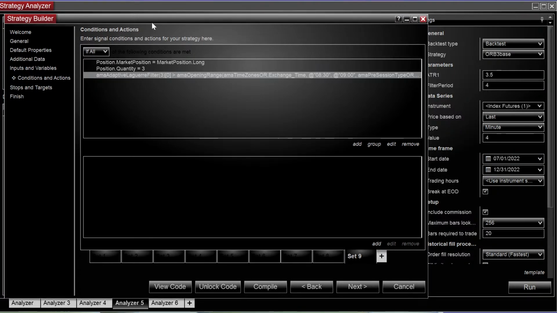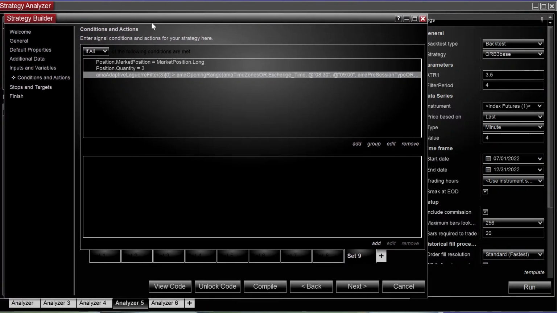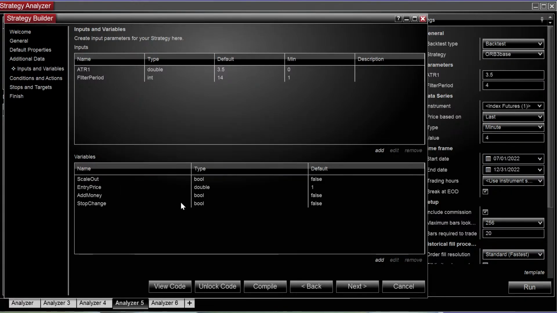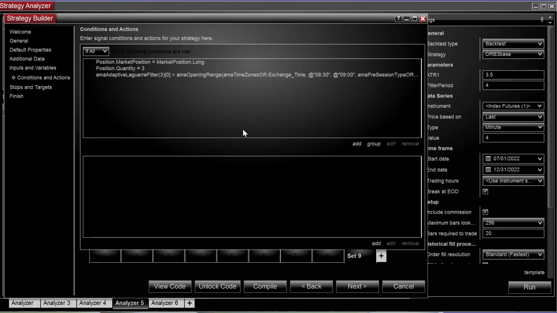I wasn't wanting to add another variable, I might need to. Yep, have to. So we will call this variable stop change, just to try to make sense. Set it to false by default. So when this happens, we're long, position quantity is 3, meaning that we added to a winner. This only happens when we add to the winner.